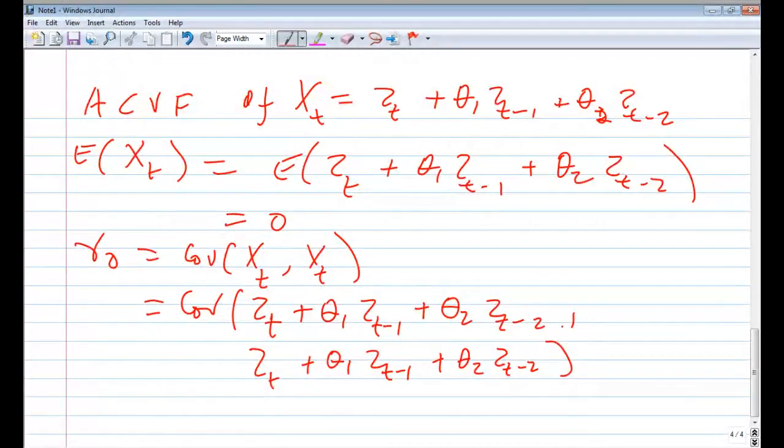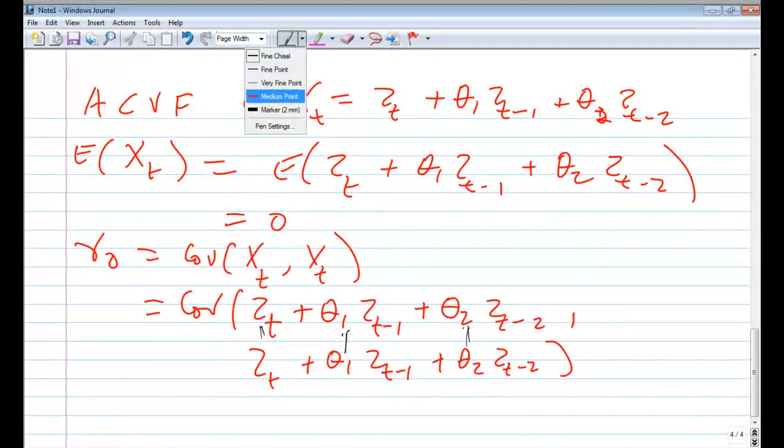So now we have to check whether they are independent or not. If you check, they're not independent in general, so you group the matching terms first: this one and this one, then this one and this one, then this one and this one.